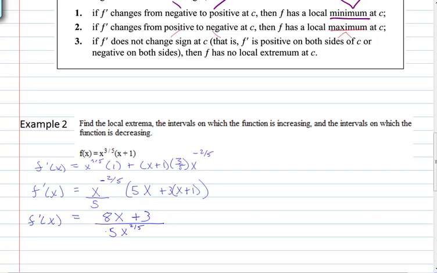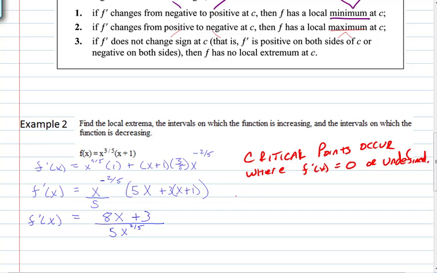I wanted to do this because I needed to find my critical points. So now you have critical points where the derivative is either equal to 0 or undefined.